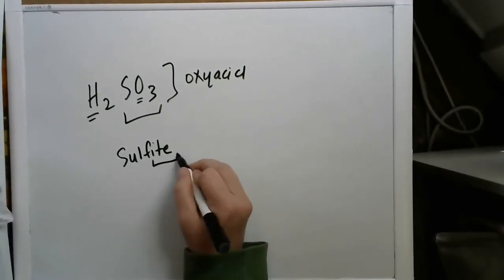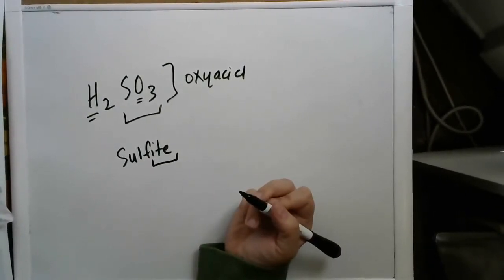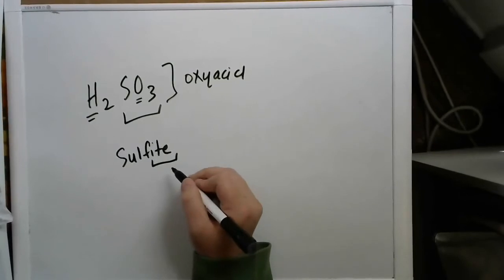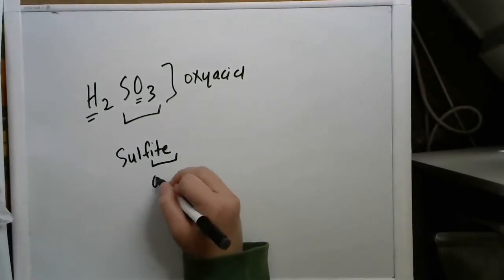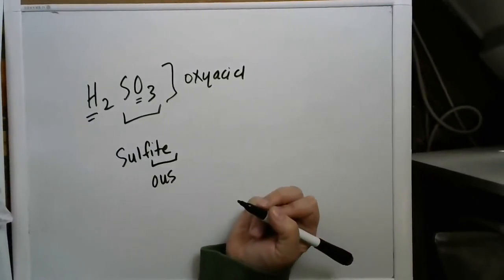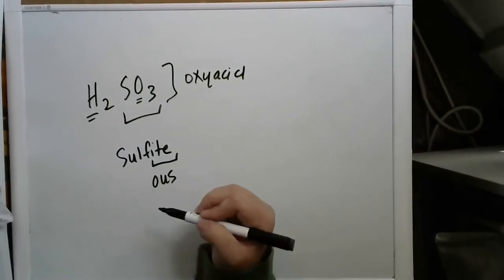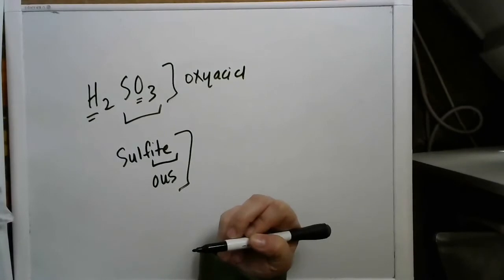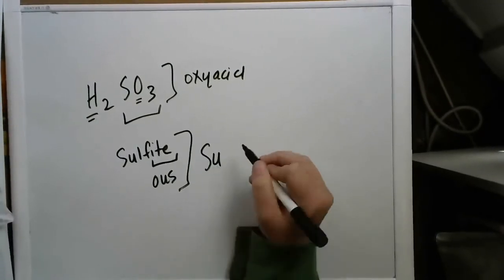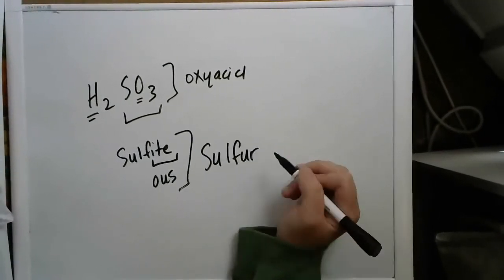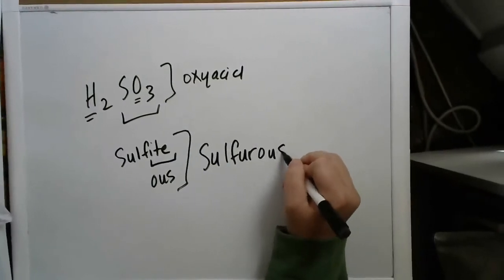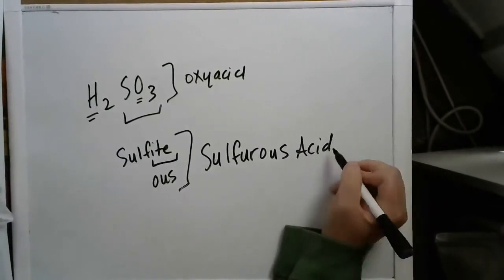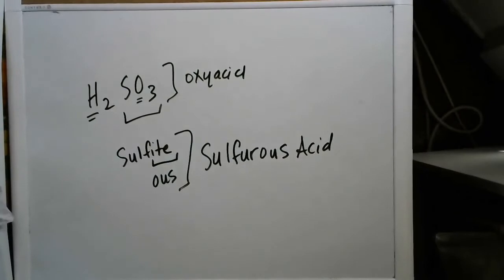I know that if the polyatomic ion ends in ITE, that my oxy acid is going to end in OUS. And you're also going to know in this particular case that this is one of our two exceptions for oxyacids. So when I name it, I'm not going to take the root of this. I'm going to write sulfurous acid. Right, sulfurous acid and sulfuric acid are going to be our only two exceptions to that.